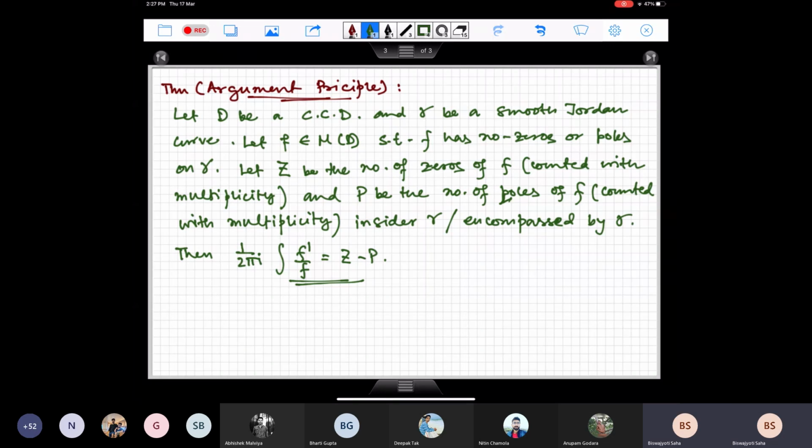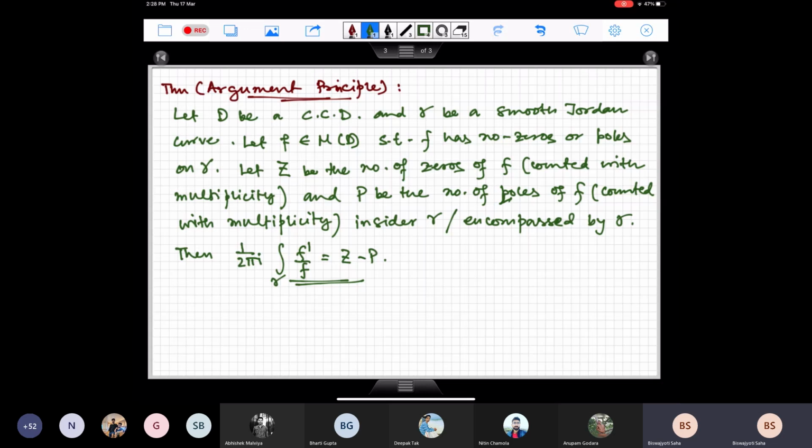Of course, I will have to explain to you why this is called the argument principle. What does this statement have to do with arguments and all? So this I need to explain. But let us try to understand the statement. The statement is saying that I have a meromorphic function, and a smooth curve such that the function should not have any zeros or poles on that curve.